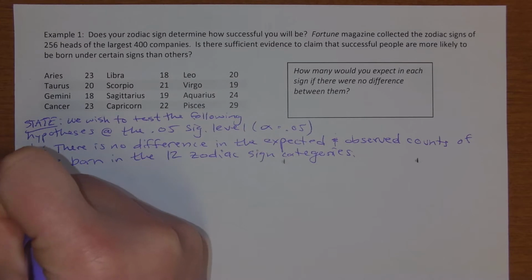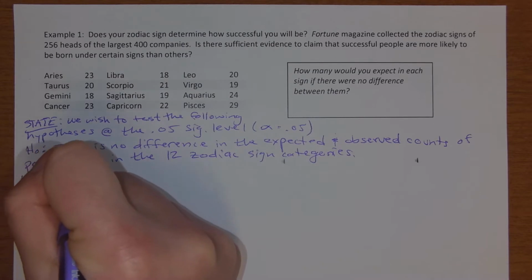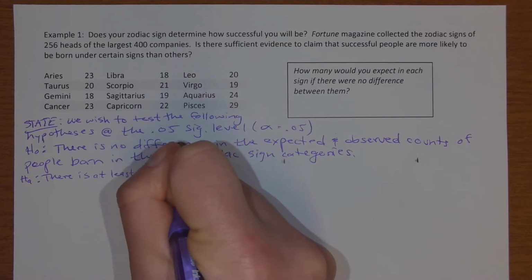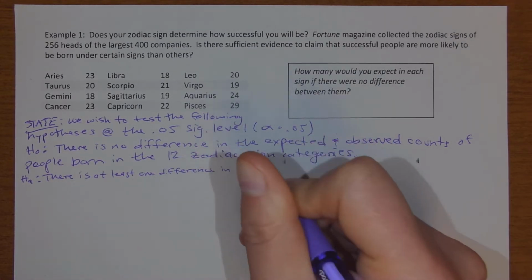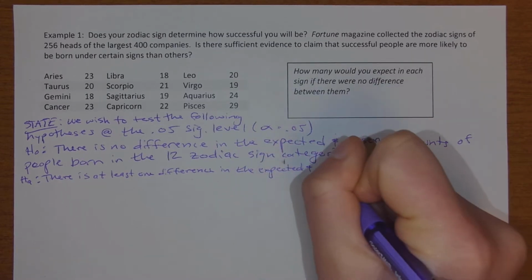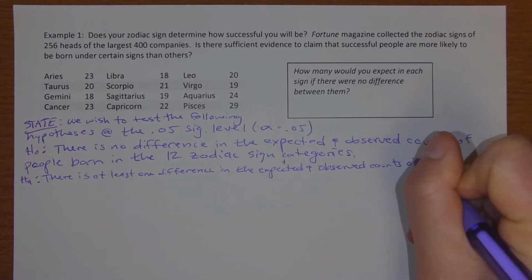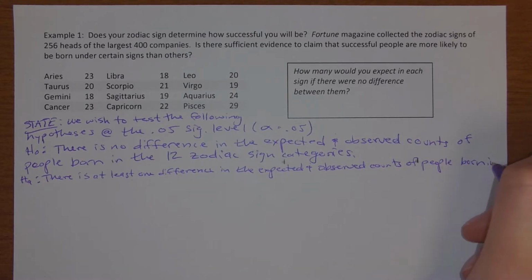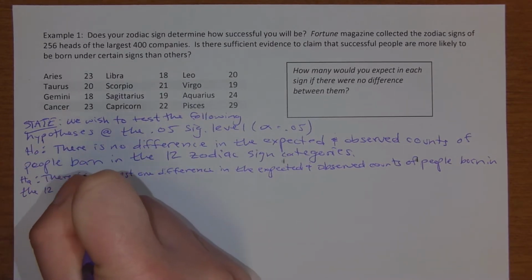Okay, and our alternative hypothesis would be that there is at least one difference in the expected and observed counts of people born in the 12 zodiac sign categories.